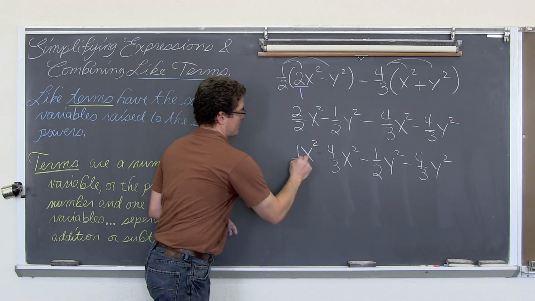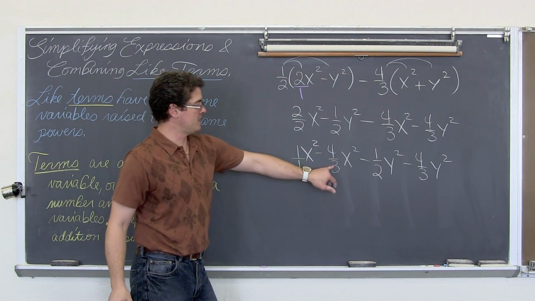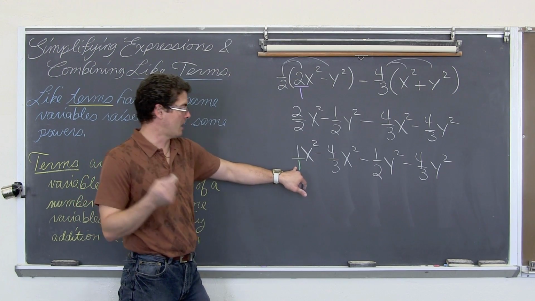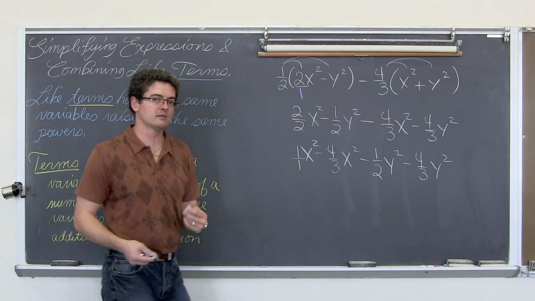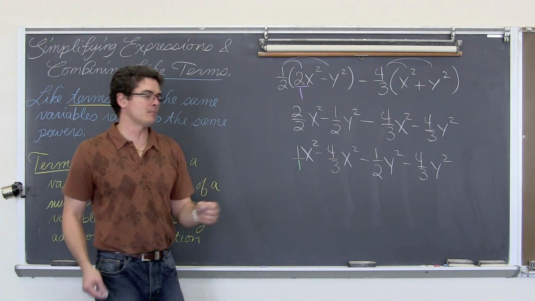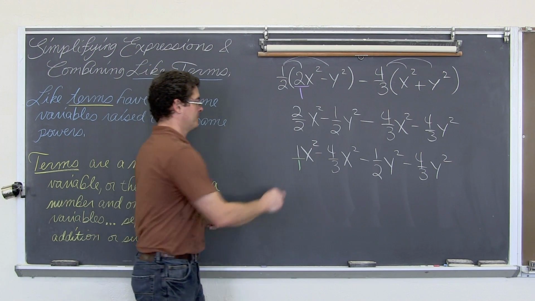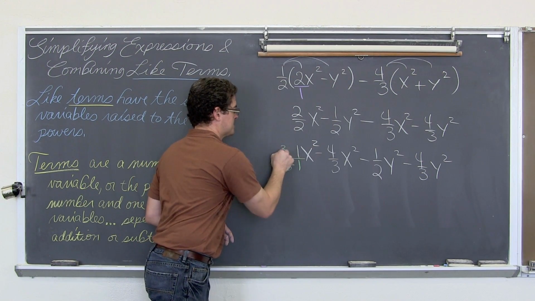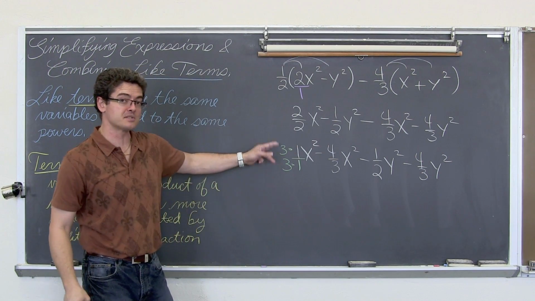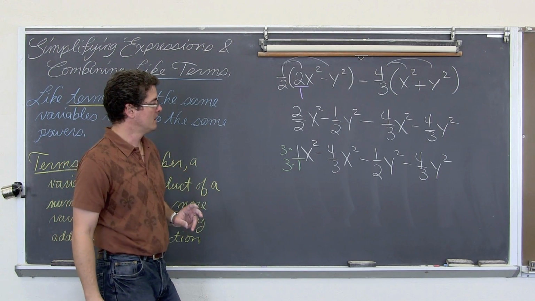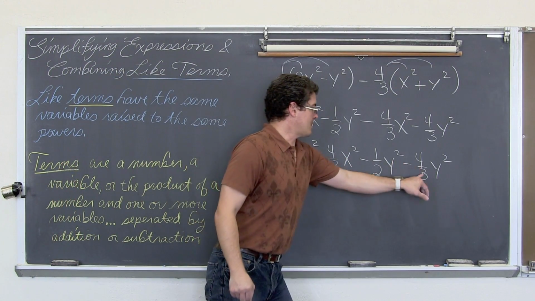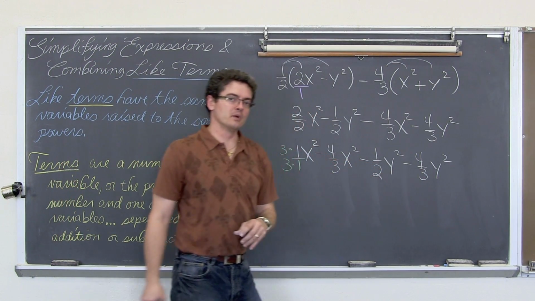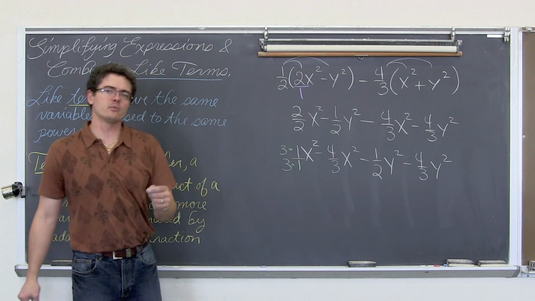So this has a denominator of 1, and I need a lowest common multiple between 1 and 3. What is the lowest number that 1 and 3 will both go into? They'll both go into 3. So I'm going to multiply top and bottom by 3. 3 over 3 cancels out to be 1, so I'm just making it look different. Here I've got a denominator of 2 and a denominator of 3. So what number does 2 and 3 both go into?